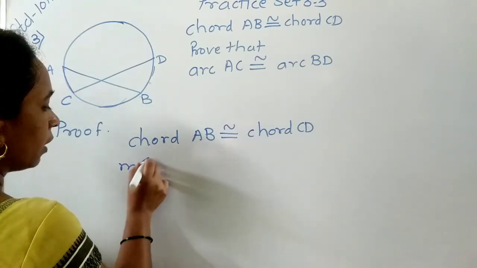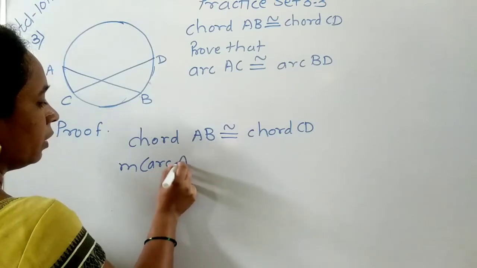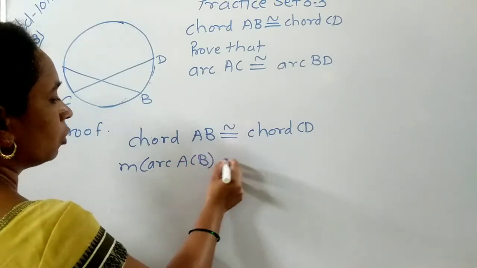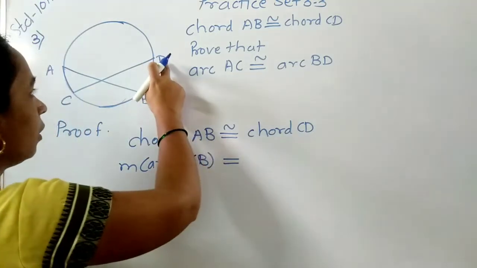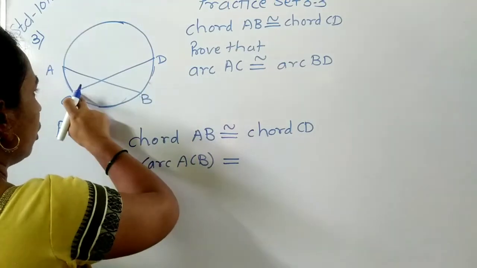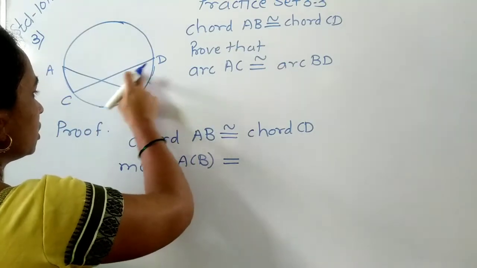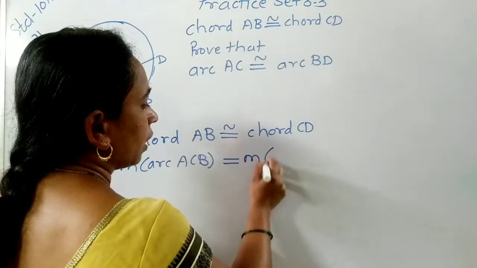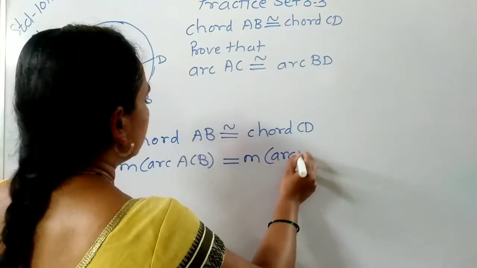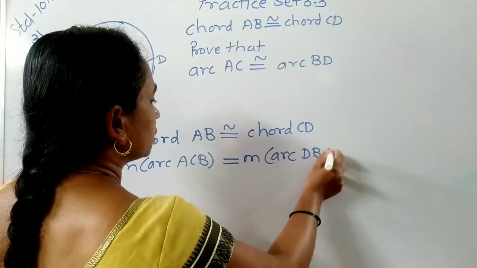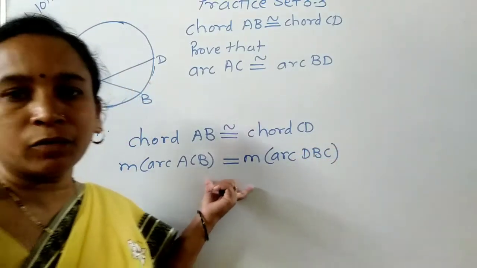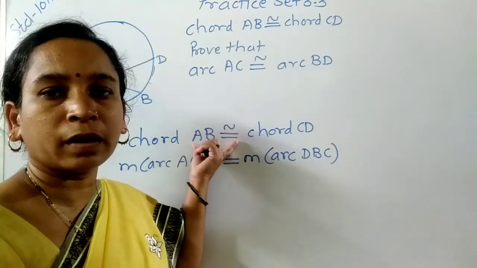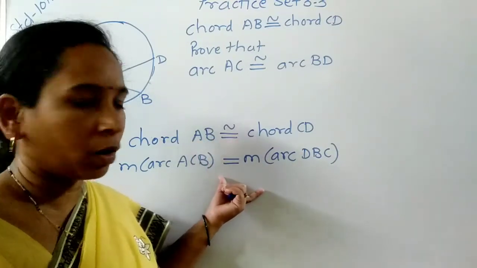So measure of arc ACB is also equal with the chord DC's corresponding arc, which is DBC. So measure of arc DBC. So which property have I used here? Chords are congruent, their corresponding arcs are congruent.